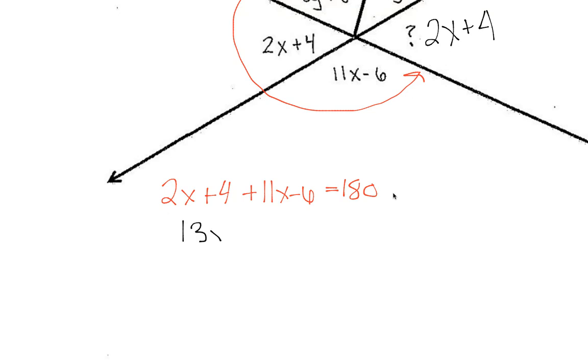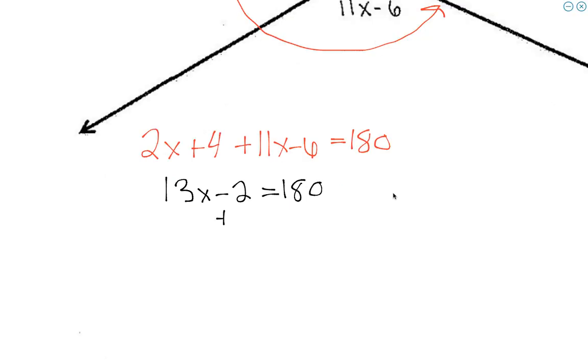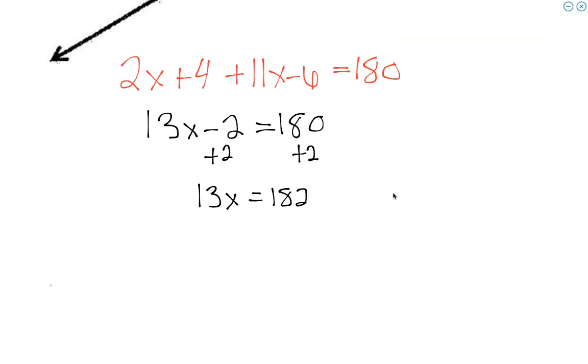So that's 13x minus 2 equals 180. 13x equals 182. X equals 14.